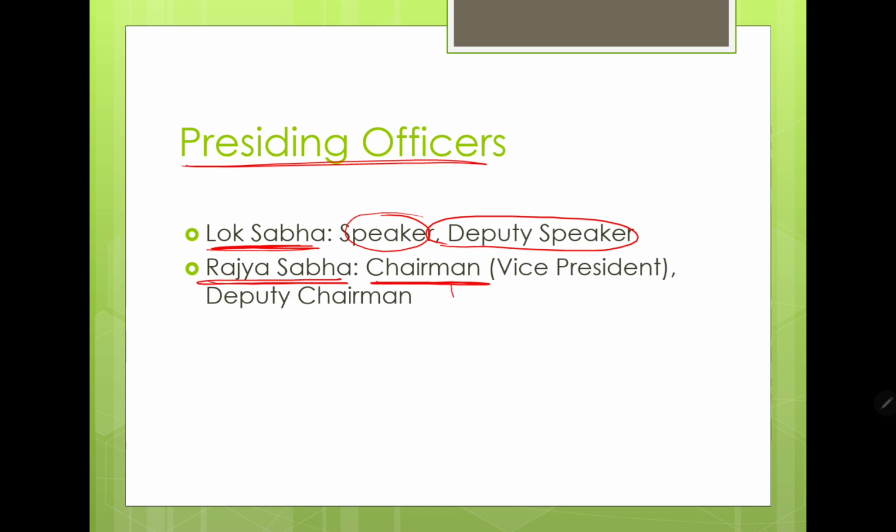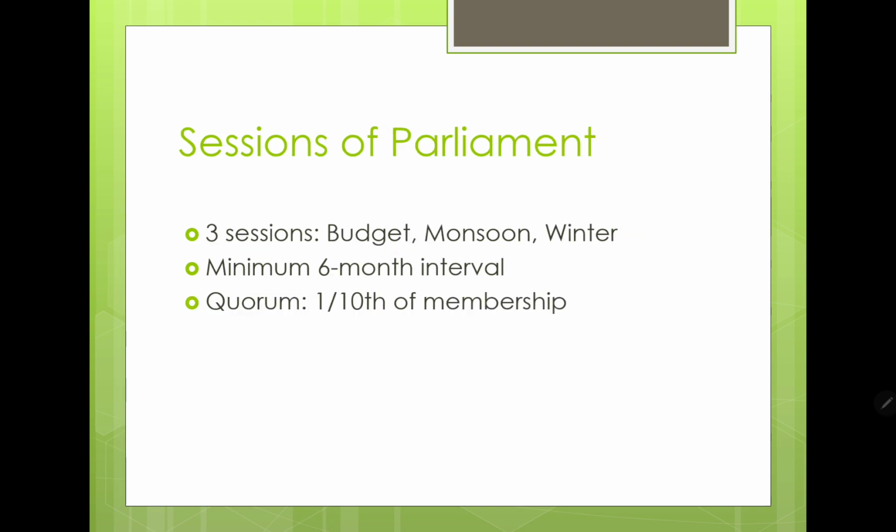Who is this? This is nobody else than the vice president himself. By default, vice president becomes the chairman of the Rajya Sabha, and the deputy chairman is the presiding officer in the absence of vice president.